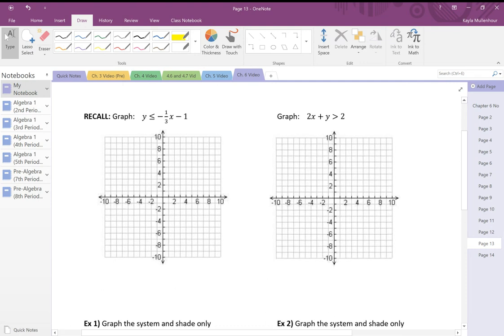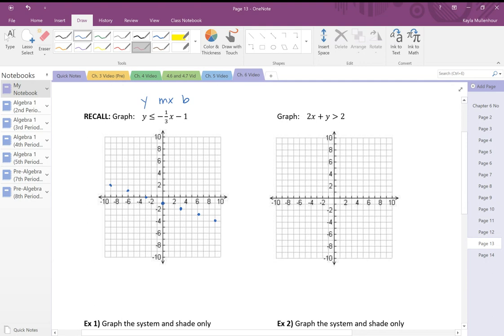The first one is an inequality in slope-intercept form. So we have y, mx, and b. We're going to start with the y-intercept, which is b, at -1. And the slope, m, is -1/3. So if I go down 1, I go to the right 3. Down 1 to the right 3, down 1 to the right 3. Up 1, back 3, up 1, back 3.